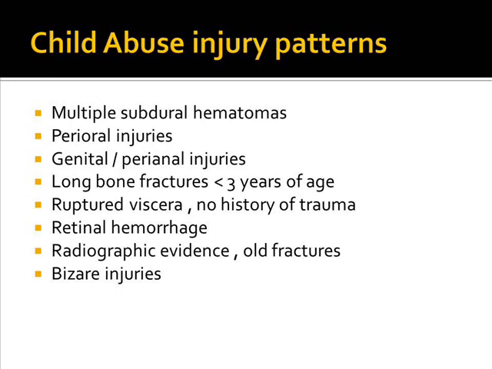The following are patterns of child abuse that have been identified: multiple subdural hematomas, perioral injuries or genital or perineal injuries, long bone fractures in children less than 3 years of age, ruptured viscera with no history of trauma, retinal hemorrhage, radiographic evidence of old fractures, and bizarre unexpected injuries, for example deep burns, or other injuries in areas that are unexplainable by normal mechanisms of injury.